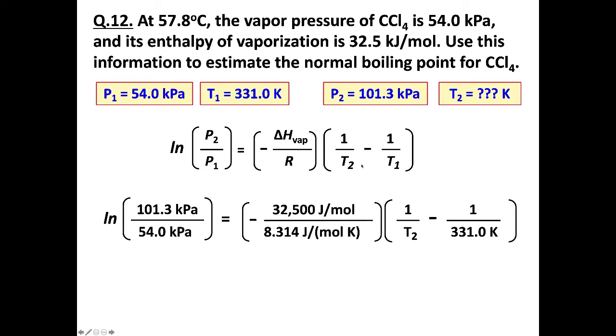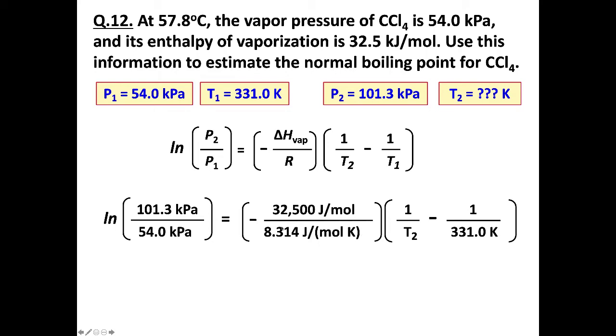So we plug in the values, and P2 is 101.3 kilopascals. P1 is 54 kilopascals. These have to be in the same units, so the units cancel. Delta H of vaporization, I converted to joules per mole because the R value we should use is 8.314 joules per mole Kelvin.